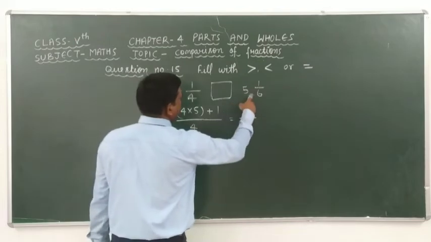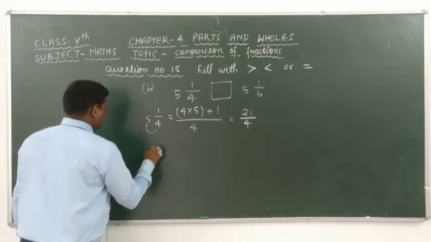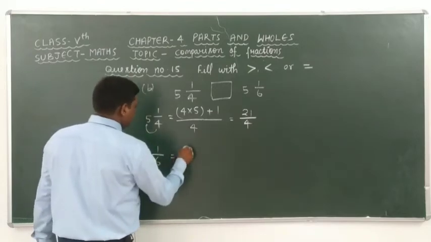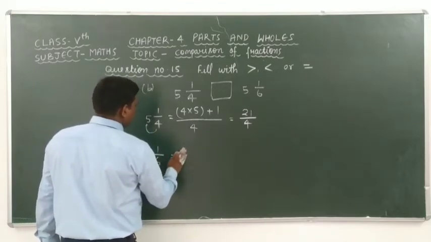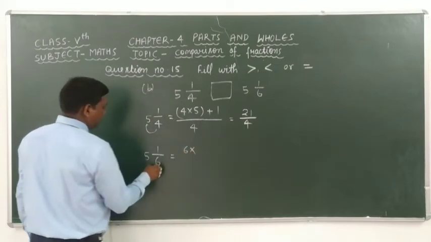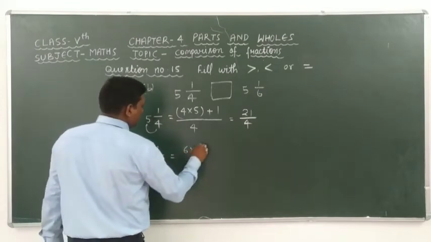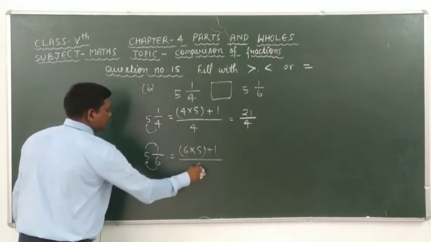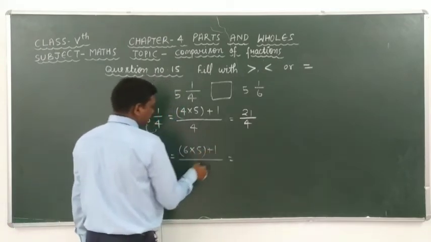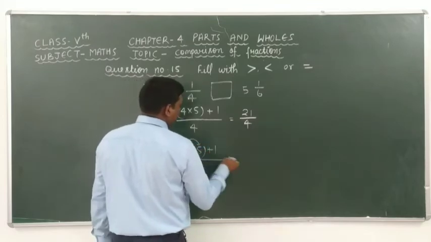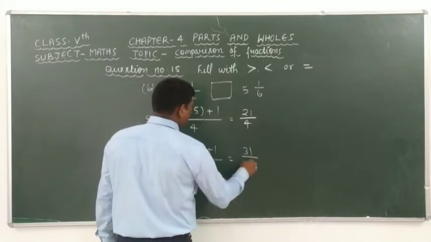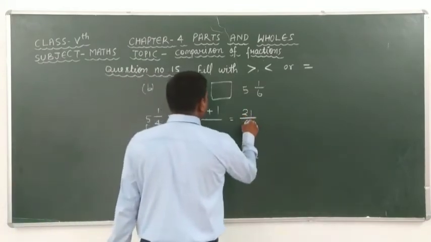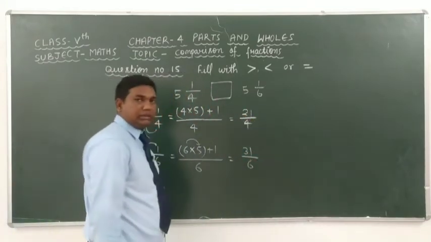Again here given that 5 mixed 1 over 6 is equal to 6 into 5 plus 1 over 6. After solving we get 6 5s are 30 plus 1 is 31 over 6. Okay students, here given 21 over 4 and 31 over 6.